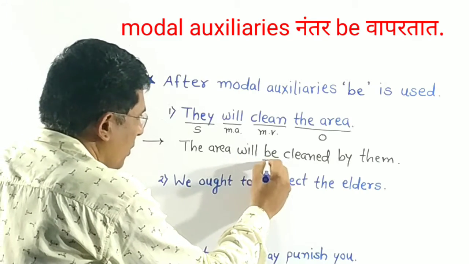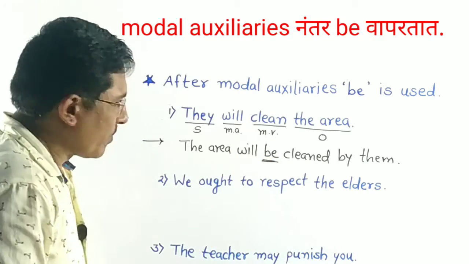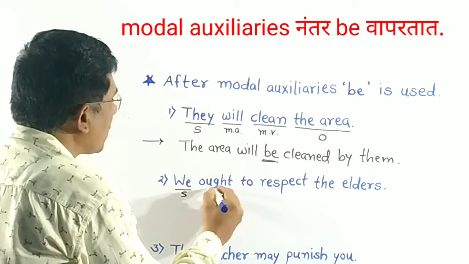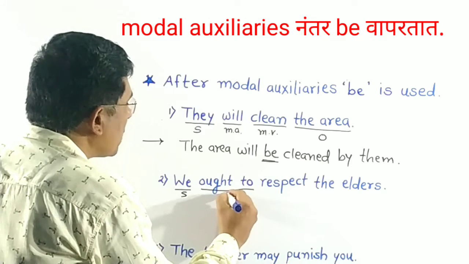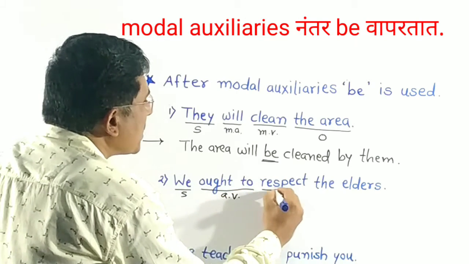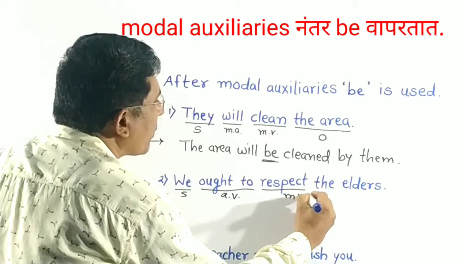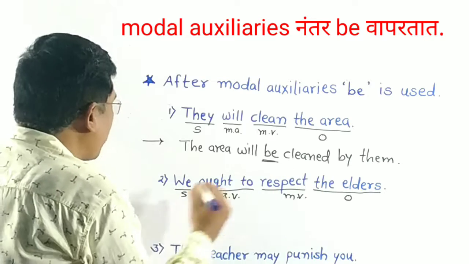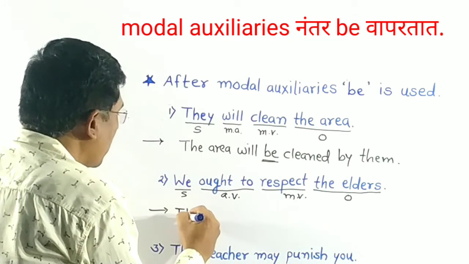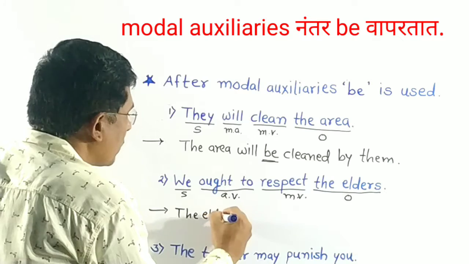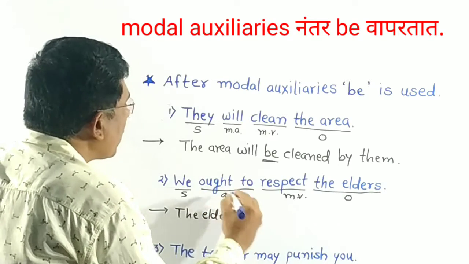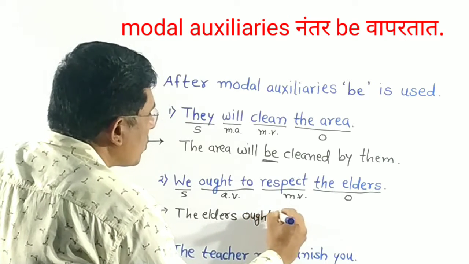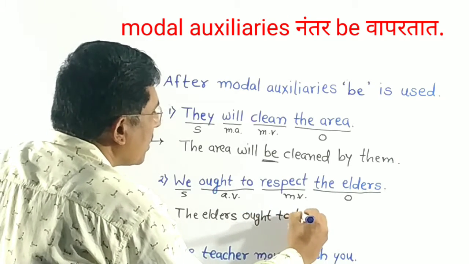See here we have used this be. Now second sentence, we is subject, ought to is auxiliary verb, respect main verb, the elders is object. Take object first, the elders, then modal auxiliary, ought to, be.